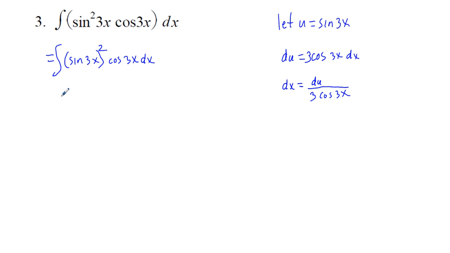And now we can just go through here and make our u substitution. So we replace the sine 3x with u. So we have u squared. And then we have cosine 3x. And we'll replace this dx here with du over 3 cosine 3x.